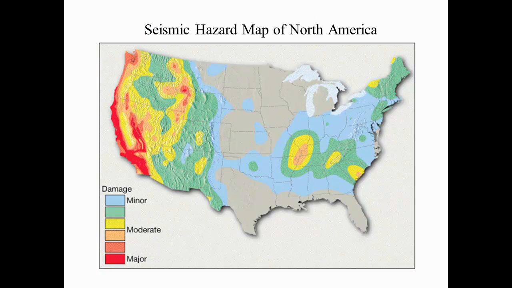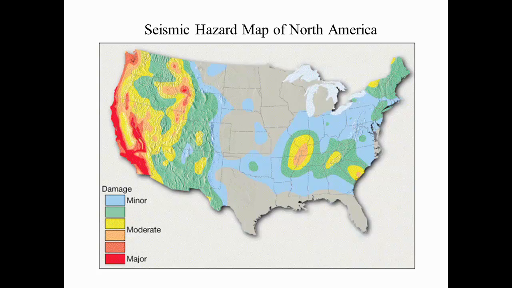Now, the U.S. Geological Survey constructs these seismic hazard maps of North America, and again, based on past earthquake activity. The red regions are the areas that can expect future major earthquake damage. The yellows, moderate earthquake damage.